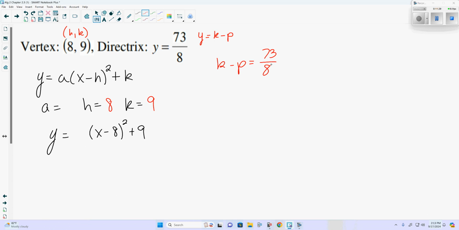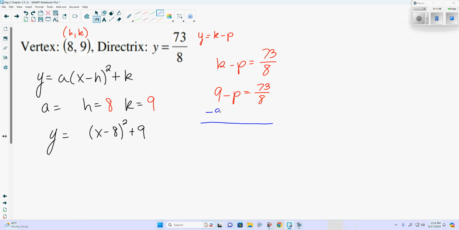k minus p matches up with our directrix. So k minus p is 73/8. Now the k value is 9, so we're saying 9 minus p is equal to 73/8.